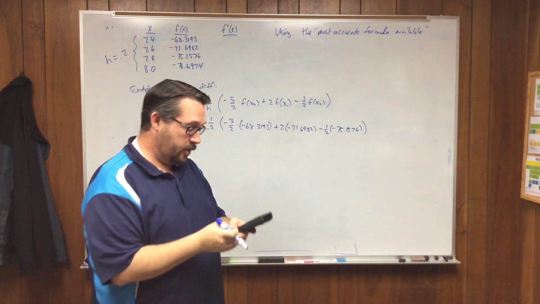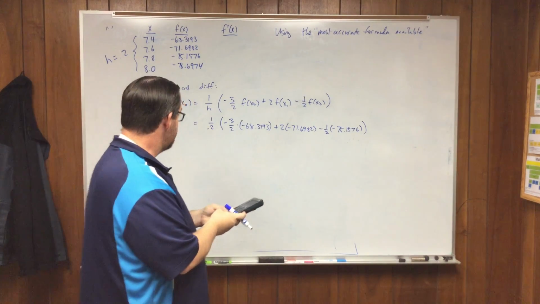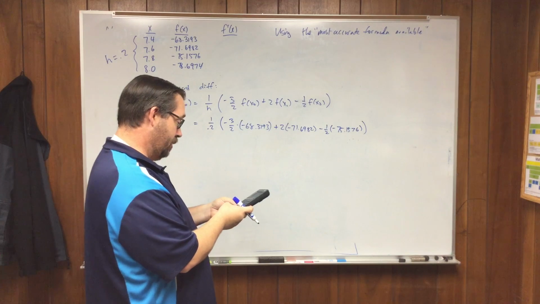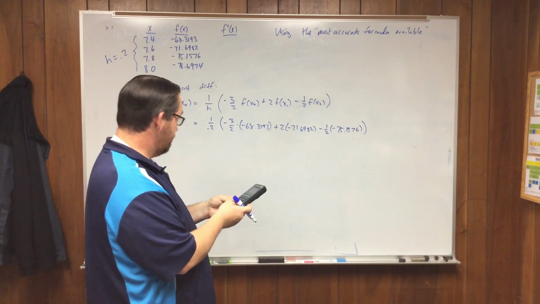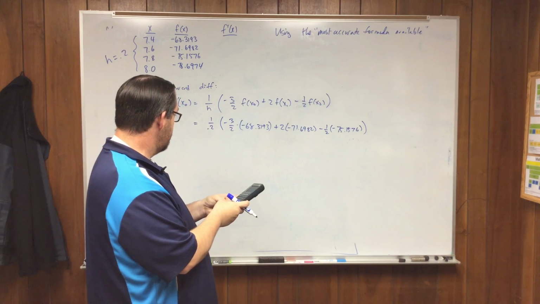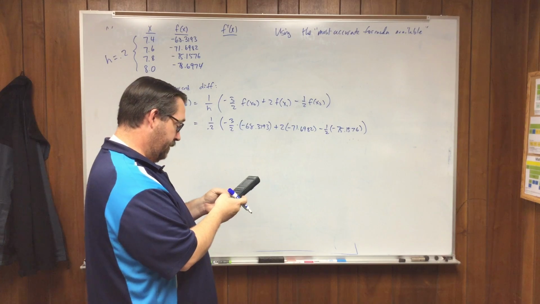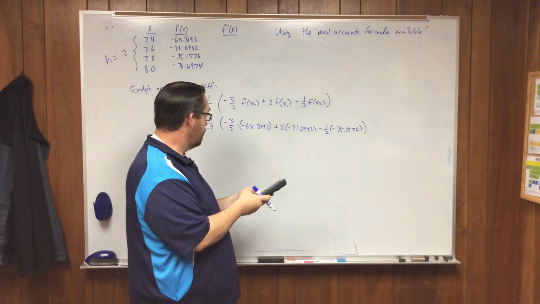And I'll go to my calculator. I'll probably cut this part out of the video and get straight to the answer, but I'm not going to walk through it on camera. 0.2 divided 3 over 2 times negative 68.3193, enter. 71.6982 negative times 2, enter.